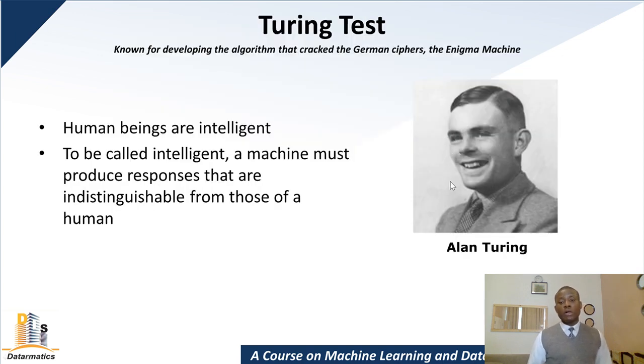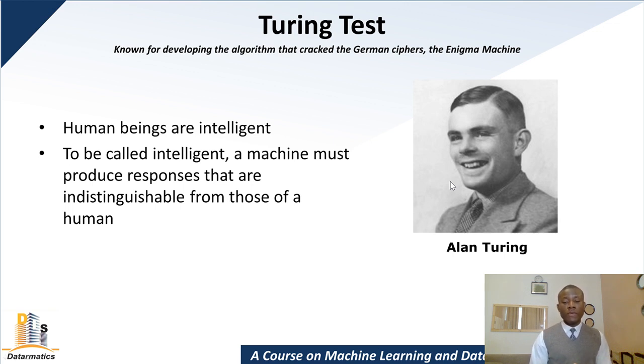But this guy here called Alan Turing tried to develop a test for intelligence. This is not the IQ test. Alan Turing is a computer scientist from England. He is known for his work in developing algorithms that cracked the German ciphers, the Enigma machine, in 1944-45.